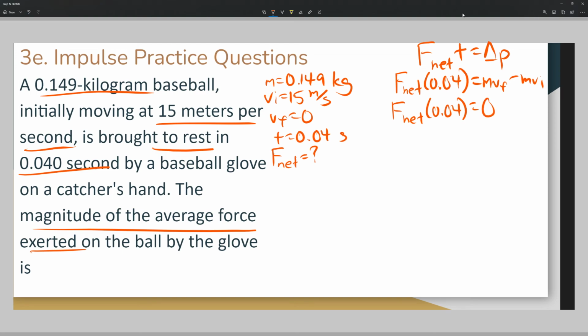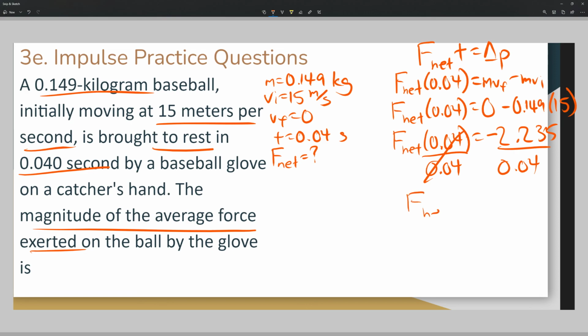Final velocity is 0 minus mass is 0.149. Initial velocity is 15. 15 times 0.149 is negative 2.235 divided by 0.04.